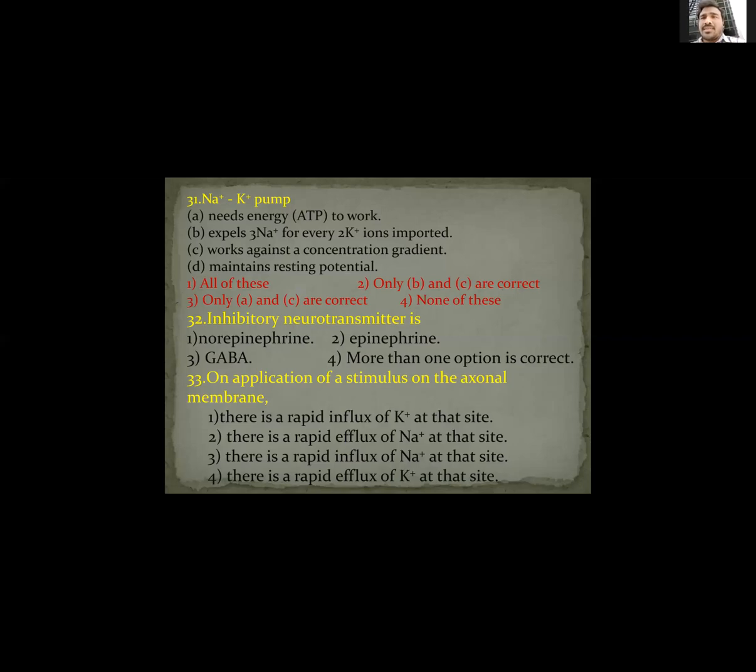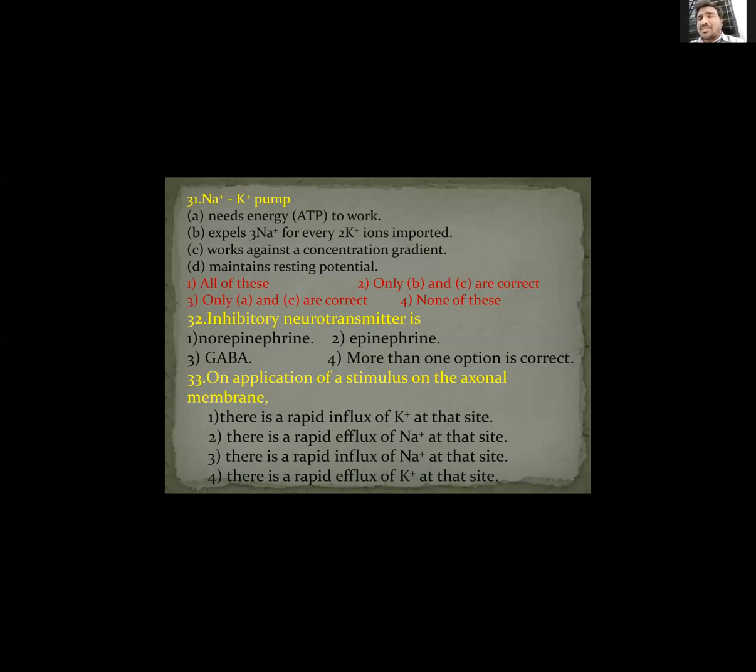A. Sodium potassium pump needs energy to work. The sodium potassium pump is an example of active transport. What is active transport?